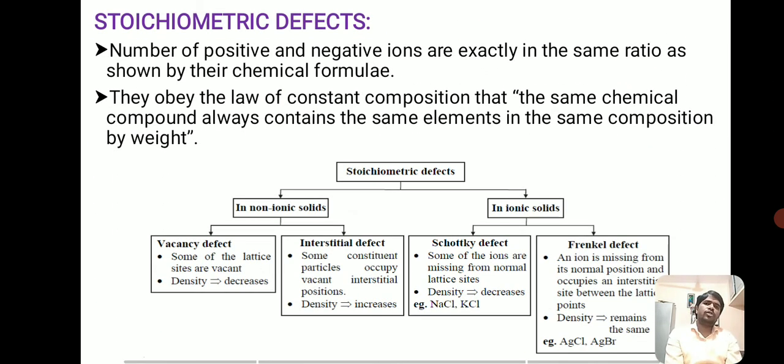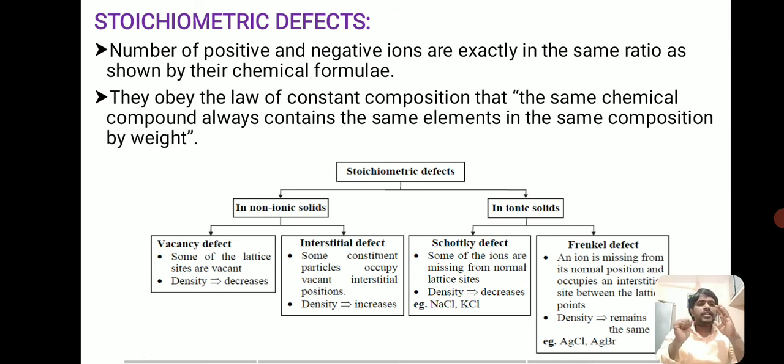First one, stoichiometric defects. What are these stoichiometric defects? The stoichiometric defects are nothing but defects in which the number of positive and negative ions are exactly in the same ratio as shown by their chemical formula. They obey the law of constant composition. What is that law of constant composition?